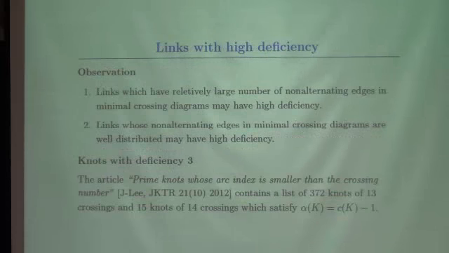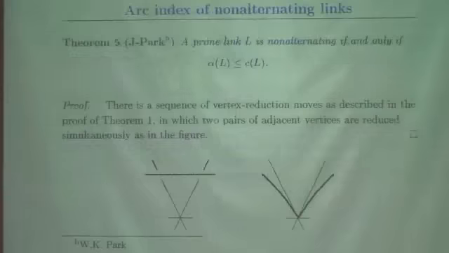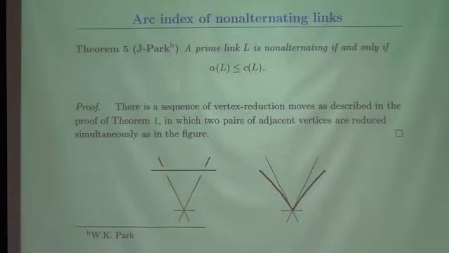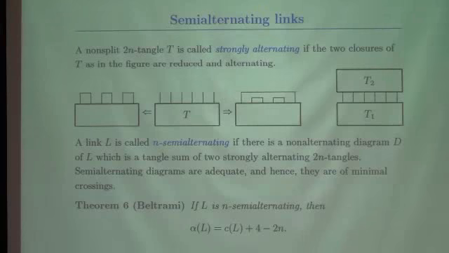So to get links with high deficiency, we need to think about two things. Links which have a relatively large number of non-alternating edges in minimal crossing diagrams may have high deficiency. So if we have more chance to do this, then the deficiency goes up. Okay, and as you see in this case, all the edges are apart.